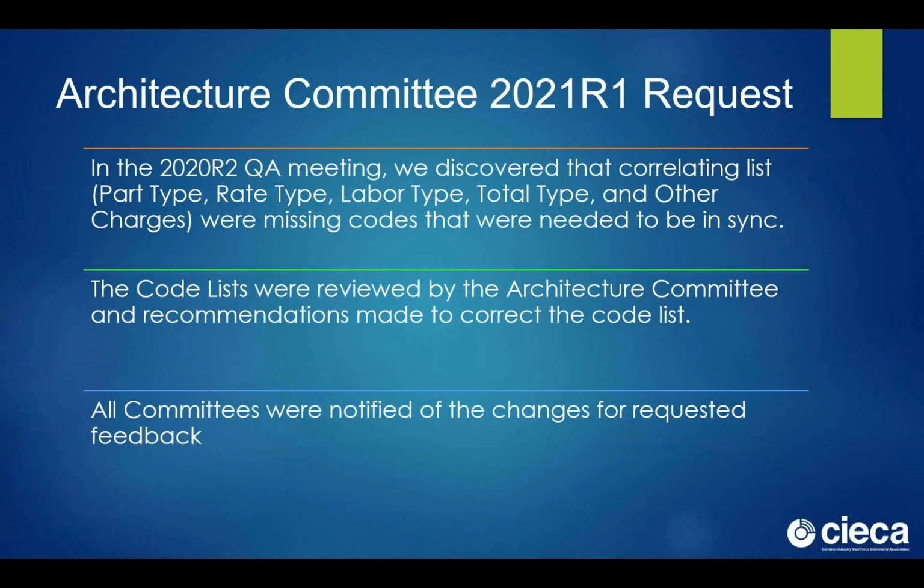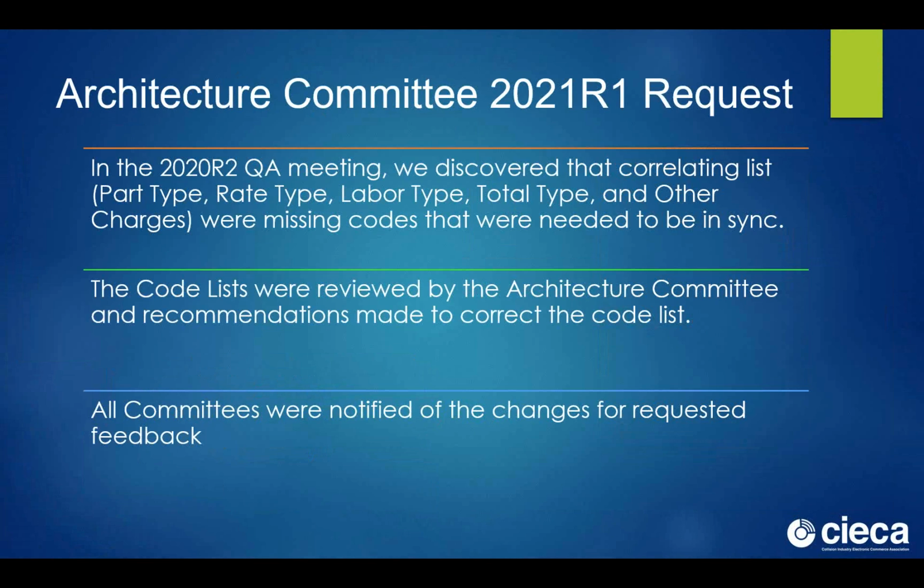So Paulette herself undertook a comprehensive correlation of all these lists and came back to us throughout the 6 months between this release and the last one, and found a number of things to be changed. And she brought that to the Architecture Committee and made recommendations to correct it.